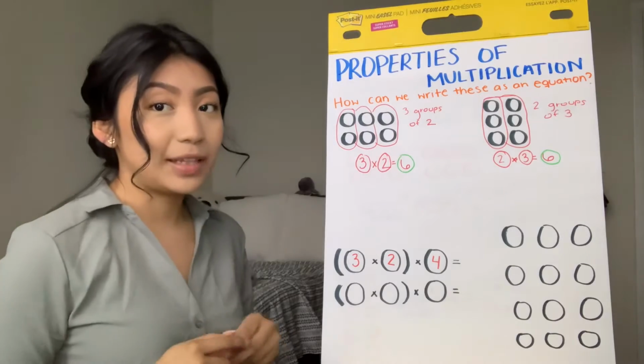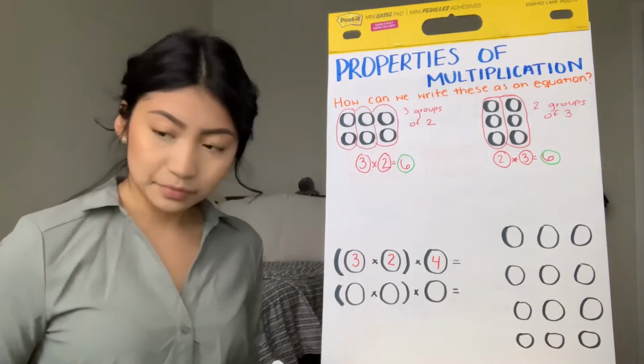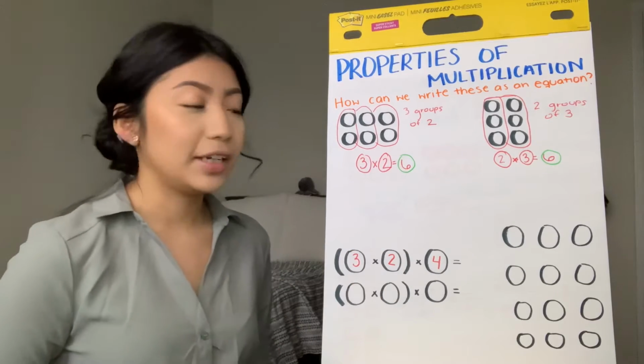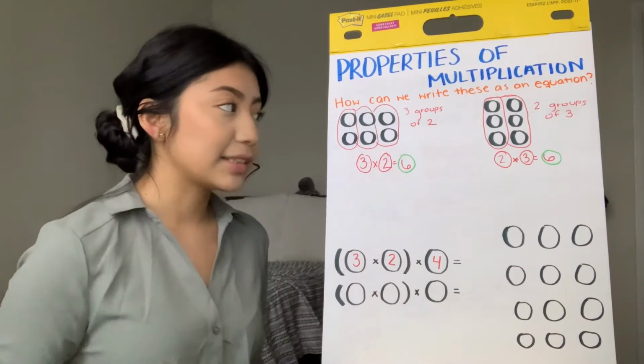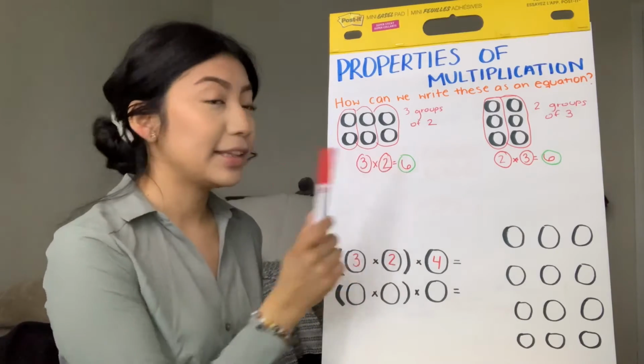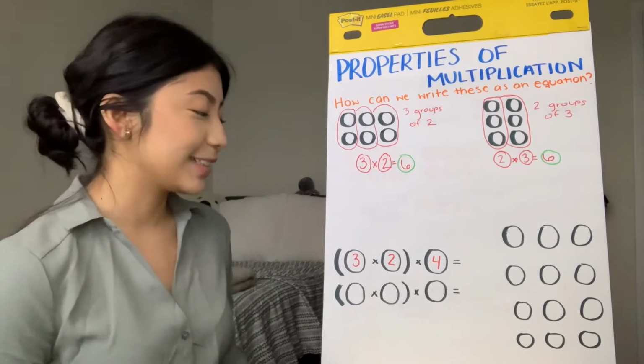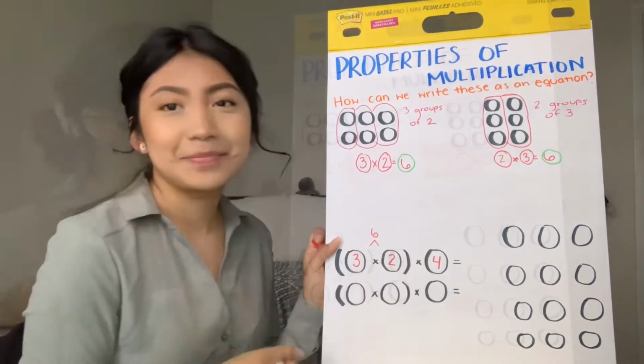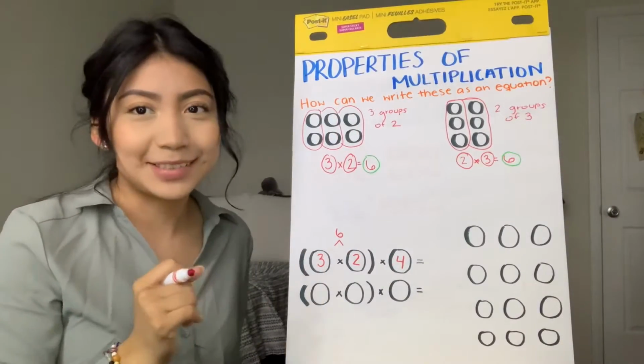So let's multiply these, okay? Let's remember, we're always going to start with the numbers in the parentheses, all right? So what is 3 times 6? Let's look up at this one right here. We already got the answer for that. Great, yes. I mean, I messed up, not 3 times 6, 3 times 2.